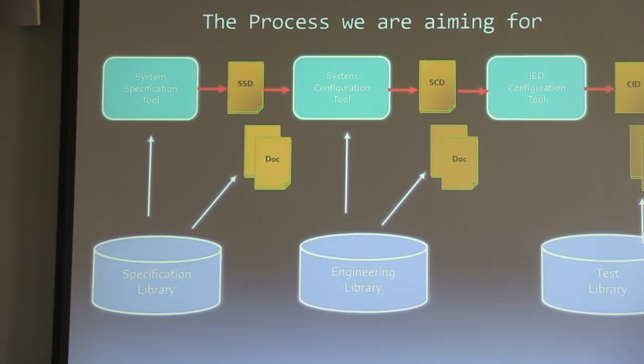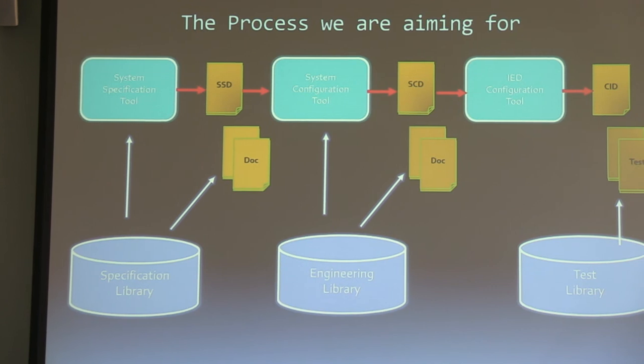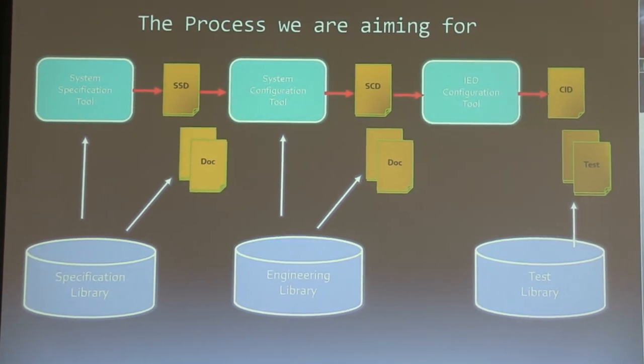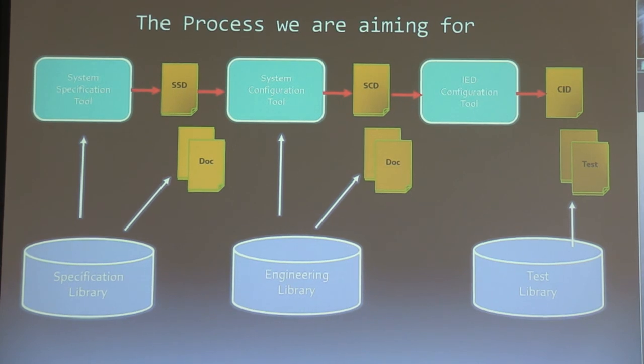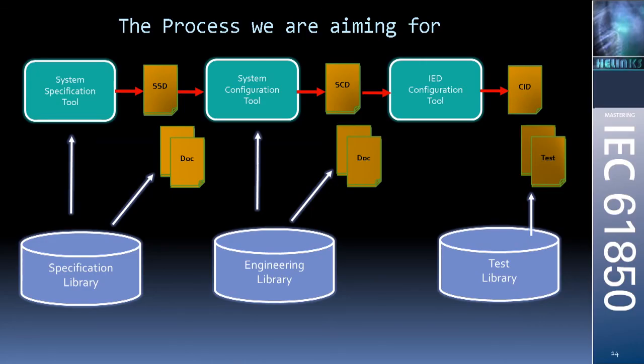And because in these libraries we have also specified all the communication needs, we have the information in this library that a position needs to be transmitted to the network control center and the position needs to be transmitted to the HMI. We have in these libraries also the information for a certain protection scheme. The protection start element has to be sent to another function.